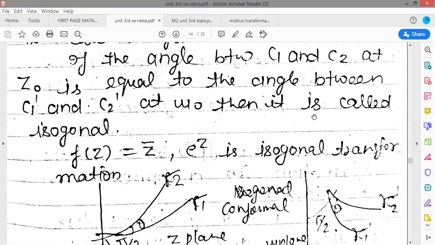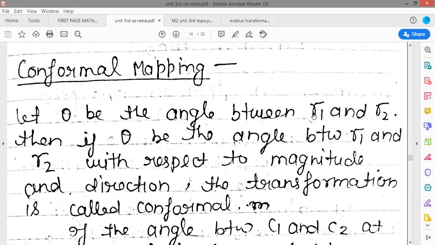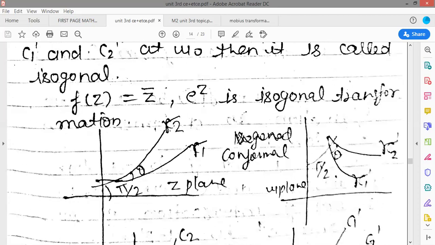And what is the condition? The condition is that if you have a function f(z), then f(z) must be analytic, and f'(z) must exist, that means f'(z) does not equal 0 and f(z) is analytic. So this is called your conformal mapping.